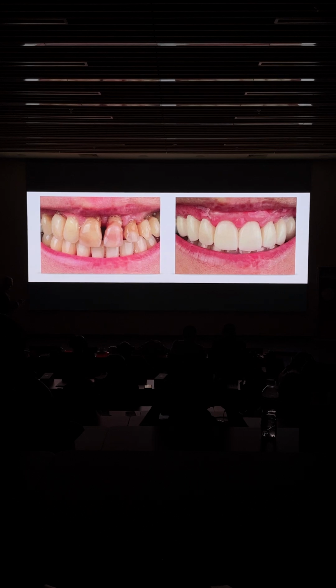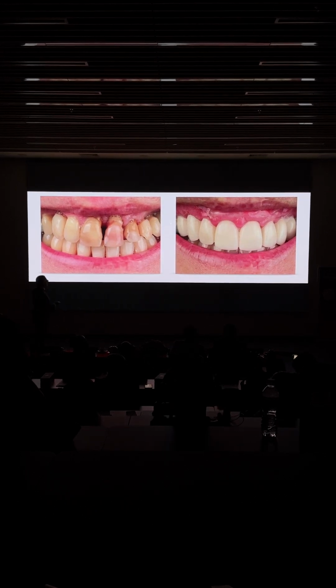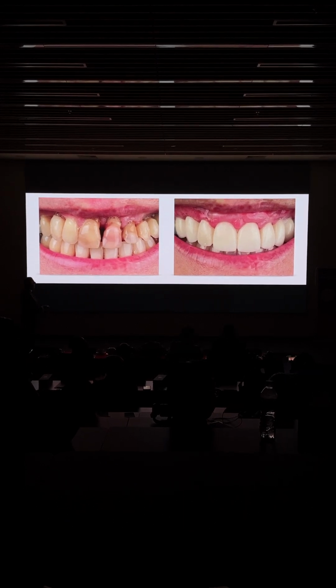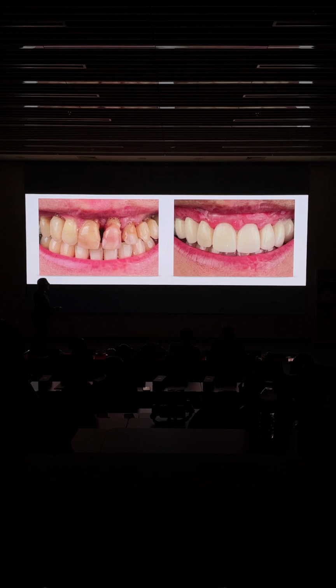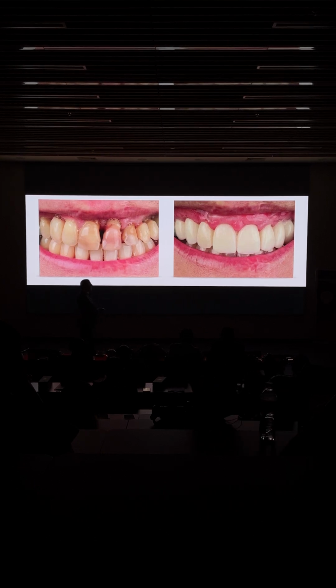So this is where we started. And now, after all the surgery that has been done: implant, canine in a lateral position, lateral in a central position, canine in a central position, first bicuspid in a lateral position, and an implant.